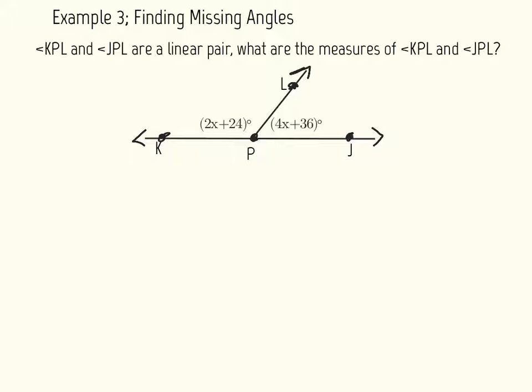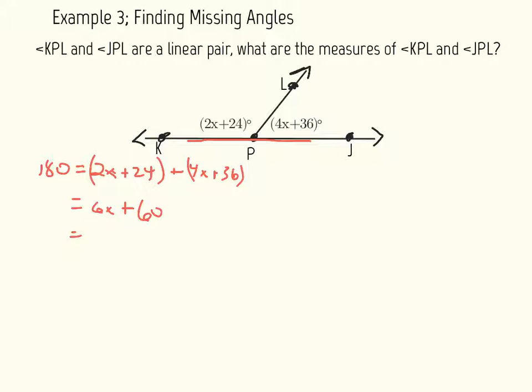Since we know that our angles add up to 180, we have 180 equals 2x plus 24 plus 4x plus 36. So we just add those together, giving me 6x plus 60.